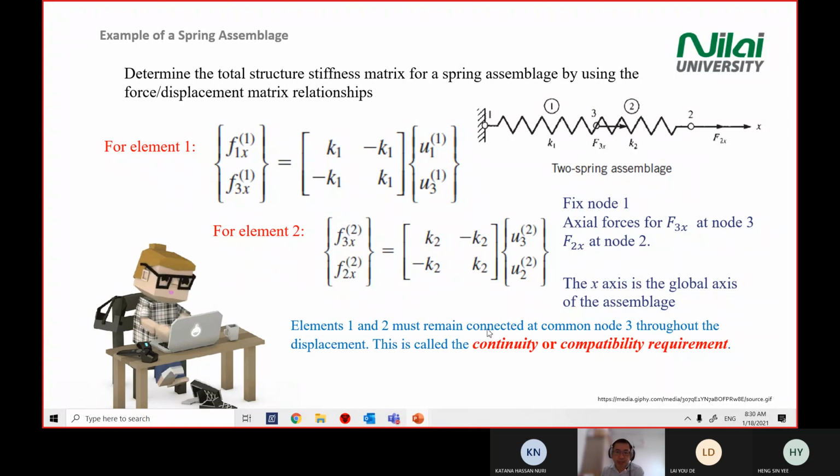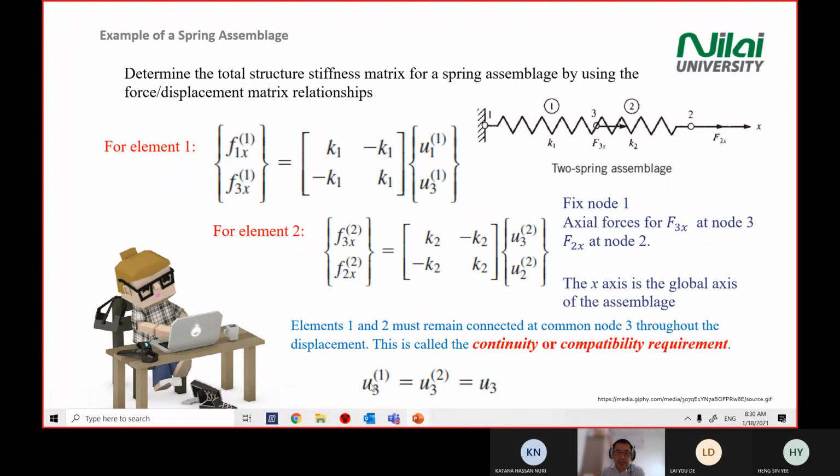This is a continuity concept that you must remember if you use CAD software to do simulation. Any software that does FEA analysis is based on the continuity concept. If you write it in mathematical form, you can write it this way.